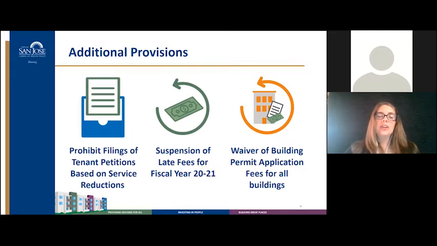And finally, there is a waiver of building permit application fees for all buildings covered by the apartment rent ordinance that are looking to move forward with maintenance of those apartments. So all of those permit application fees will be waived during the term of the moratorium.